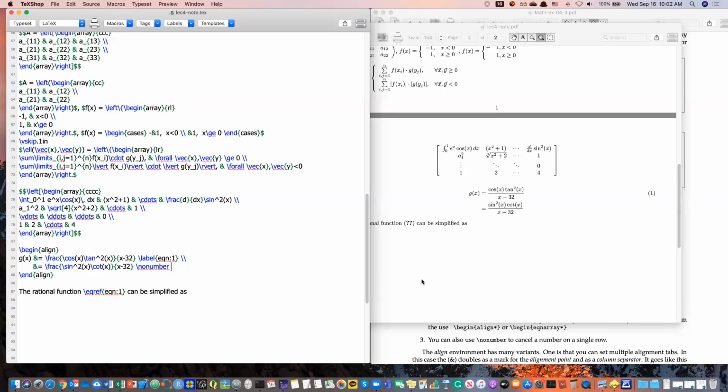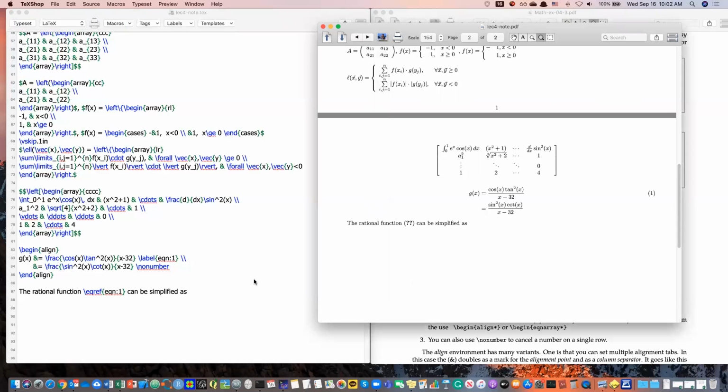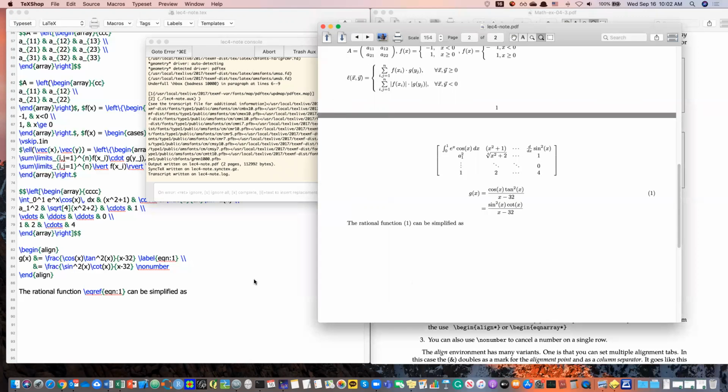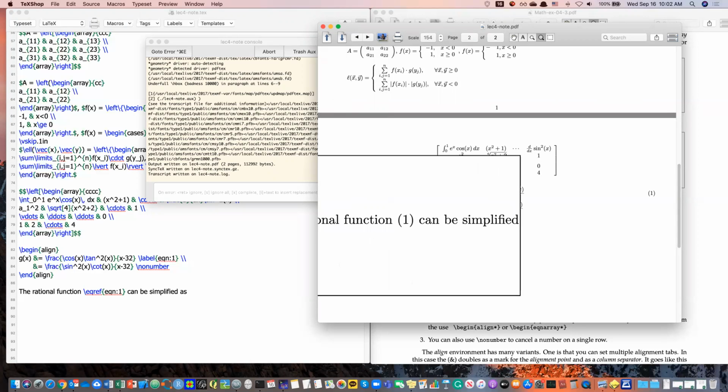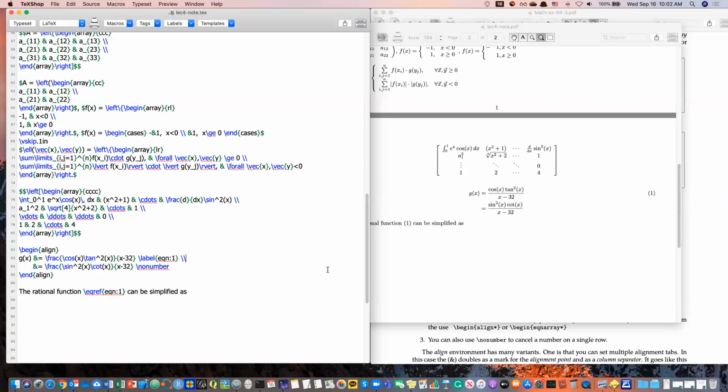Now, sometimes you may have to compile LaTeX multiple times. Okay, so see that the rational function one. This is called cross-reference. We're going to learn this later in another lecture note, but I just let you know. You see that function one? So we don't just manually put the one and write the one, okay?